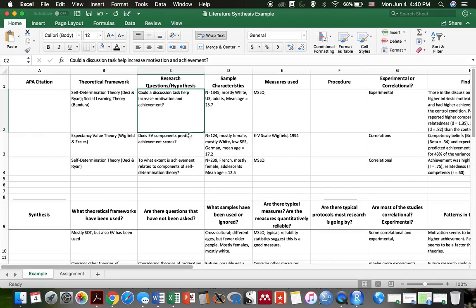It may not specifically say, this is our question, this is our hypothesis. But you should get a general idea, right before there, of what they're expecting to happen in their study. And that would be their hypothesis, okay? And so that would go here.